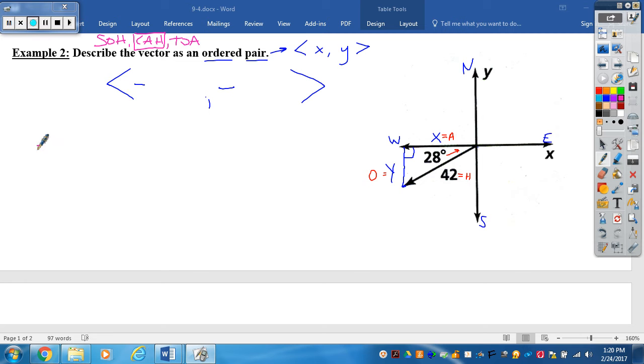So I'll go ahead and set that up. The cosine of 28 is equal to the adjacent over the hypotenuse, okay? Now we've been doing a lot of examples of these, so I think by now you guys have this down. You're going to form a proportion, you're going to cross multiply, you're going to solve for x. So hopefully you are good with this right here.